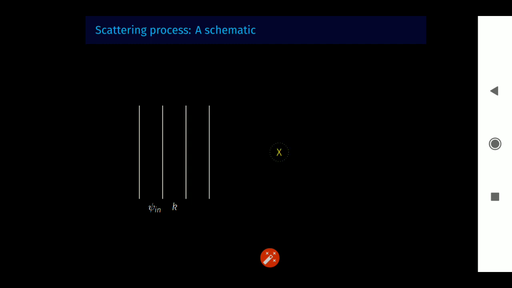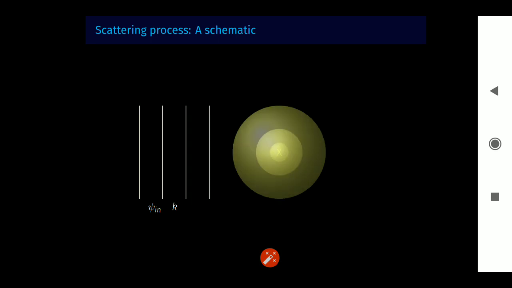The separation between these parallel lines represents the wavelength of the plane wave traveling from left to right. On the right side a target is kept. When the incident wave is incident on the target, it gets scattered in all possible directions, spherically symmetric and extending radially outwards in this manner.